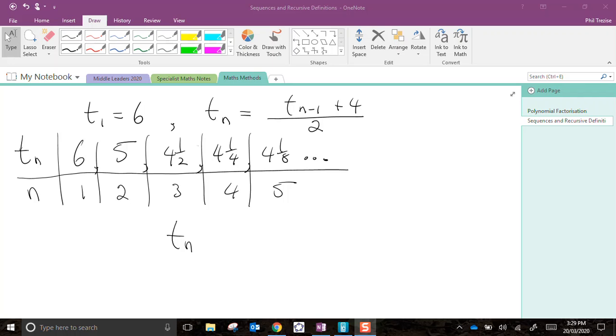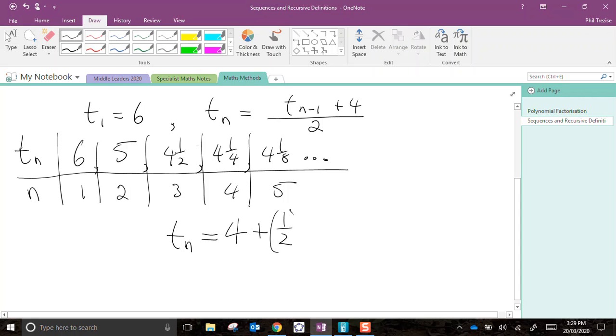Maybe we could simplify a bit. Maybe we could just look at these ones here where it's 4 1/2, 4 1/4, and so on. That doesn't look too bad. What if we said, at least from the third one onwards, we have 4 plus, now it's either a half, or a half times a half, or a half times a half times a half.